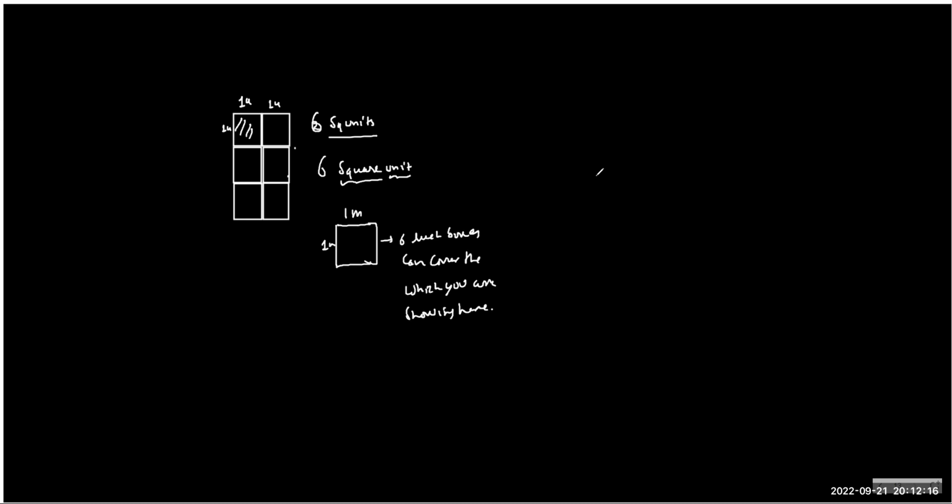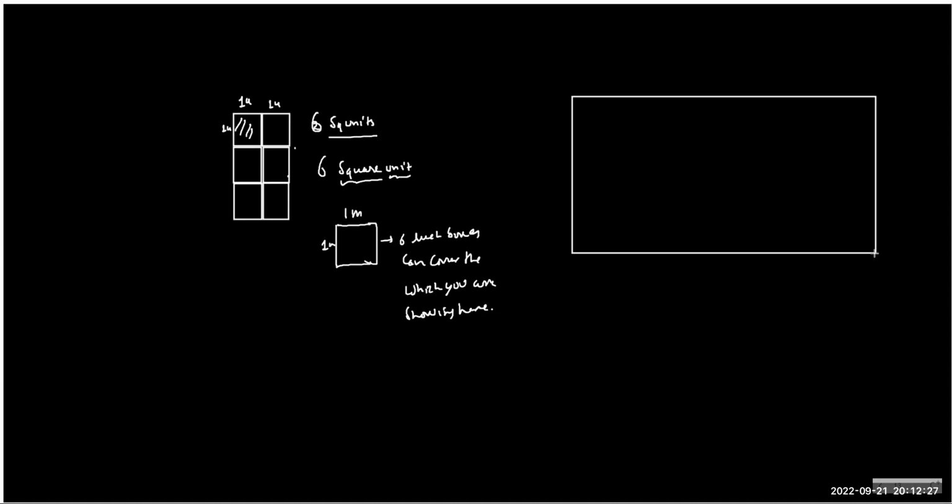So no matter what shape you draw, at the end of the day, let's say if I draw something like this, look at this. You can draw something random. 1, 2, or maybe I can stop it here, or I can go here.